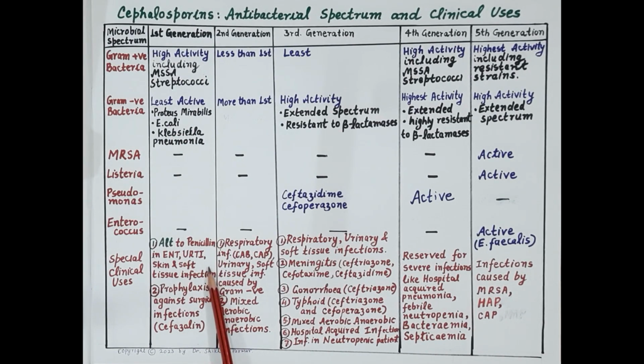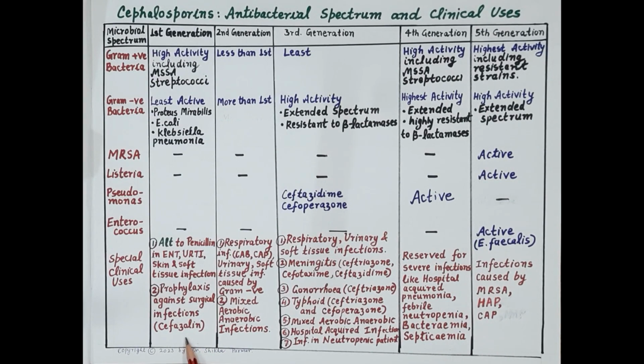So, these first generation cephalosporins are used as an alternative to penicillins for infections like ear, nose and throat infections, then upper respiratory tract infections, skin and soft tissue infections. In addition to this, cefazolin parenterally is used as a prophylactic against surgical infections. So, this is in brief antibacterial spectrum and clinical uses of first generation of cephalosporins.